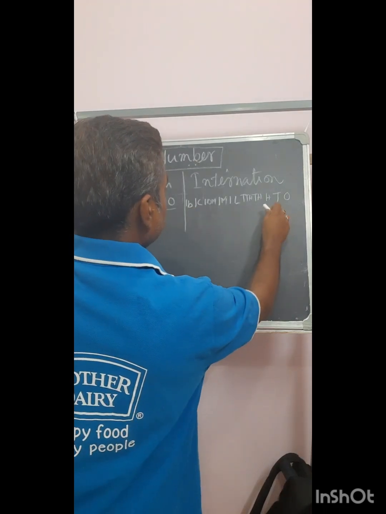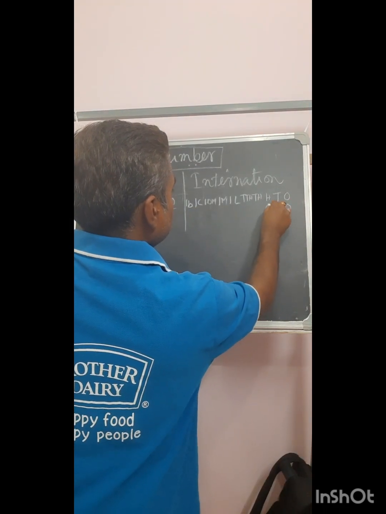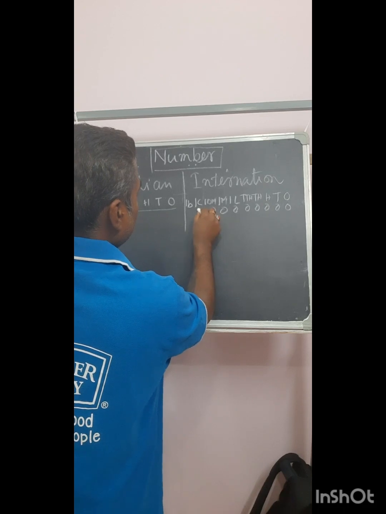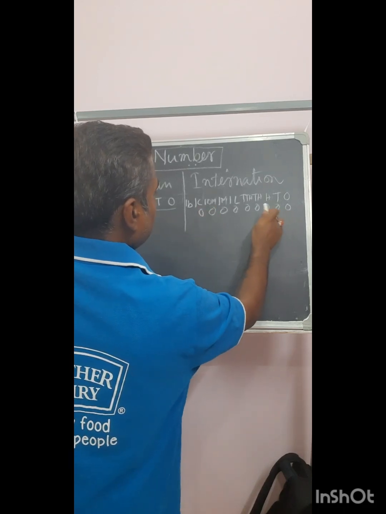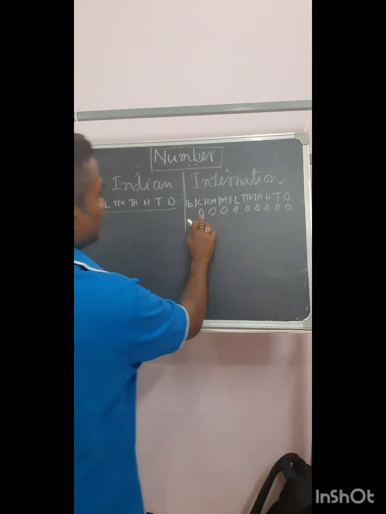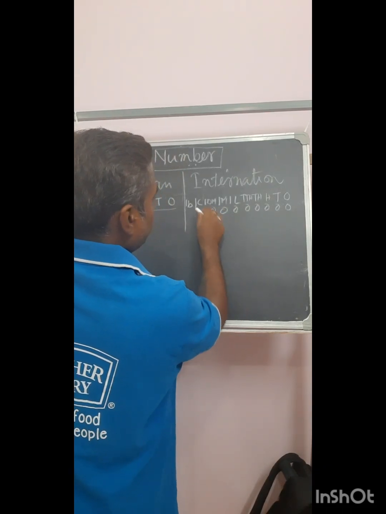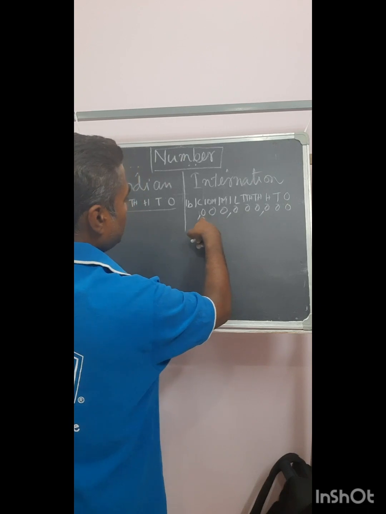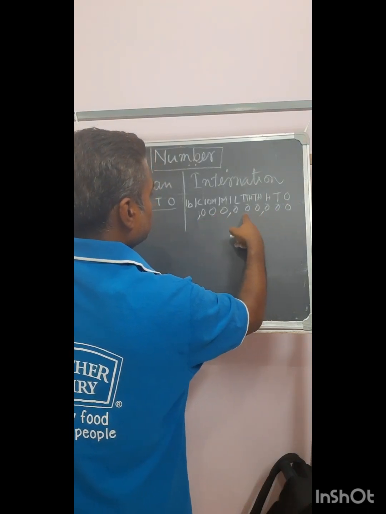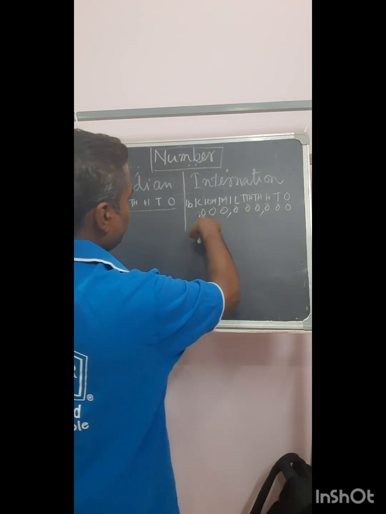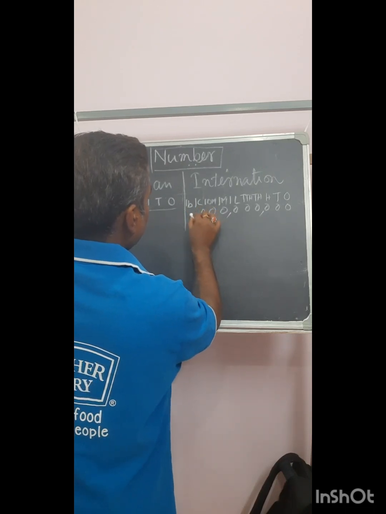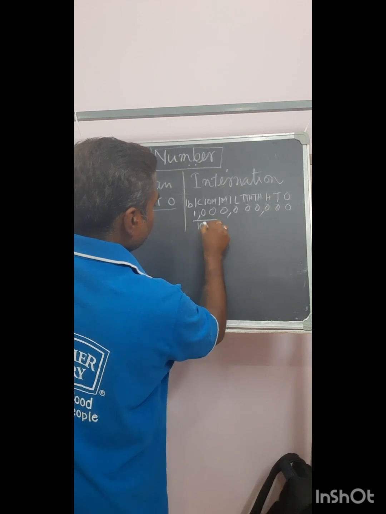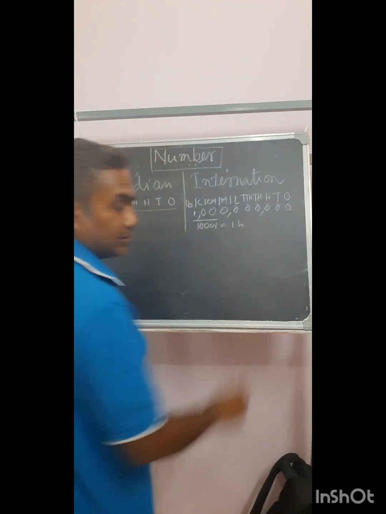So 1 crore has 7 zeros, and 10 crore has 8 zeros. Then 100 crore is equal to 1 billion, they say.